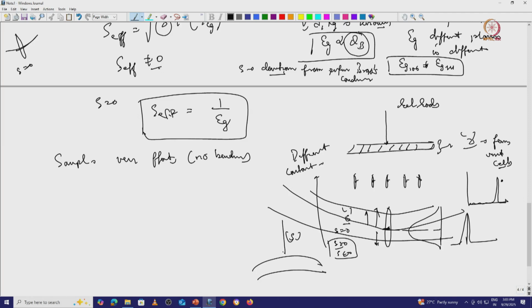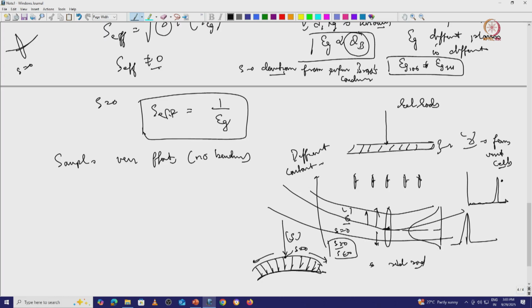If this is your incident ray, this is your crystallographic plane, at this position if S equal to 0, because of the bending your S will vary while going along the sample surface because of the bent nature. Your S changing means your Ewald sphere is not cutting at the center of the railrod, it is going away from the center of the railrod.